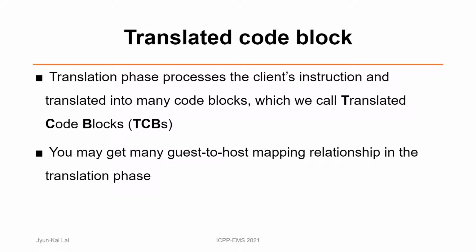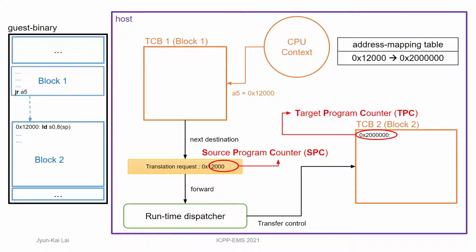In the translation phase, instructions of guest binary are translated into many code blocks, which we call translated code blocks, or TCB. Take an example. The successor of block 1 is block 2, whose address is 12000. The TCB of block 1 gets the value of the A5 register in the end, and TCB1 needs to know where it should go.